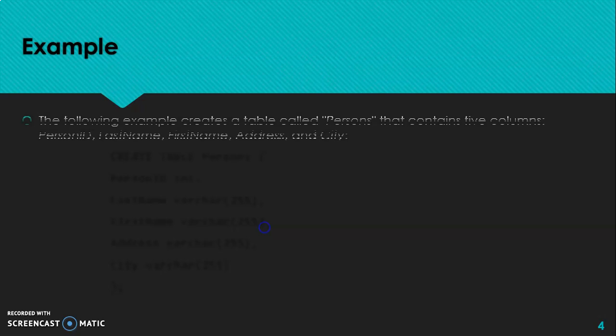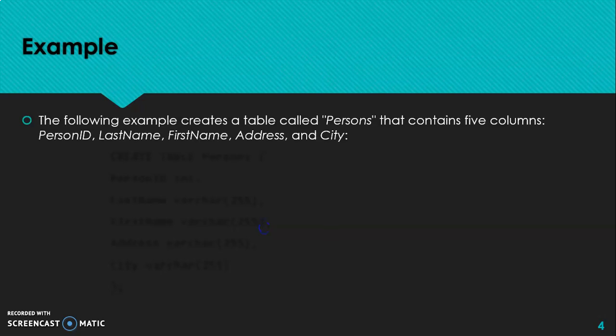Let's see an example. Here we are going to create a table named persons and it will contain 5 columns such as person ID, last name, first name, address and city.